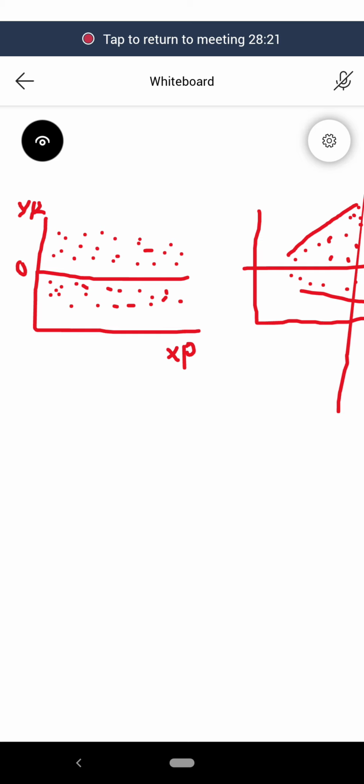So if the shape looks convex or concave, it means that the variances are not equal and the linearity assumption is also not met.